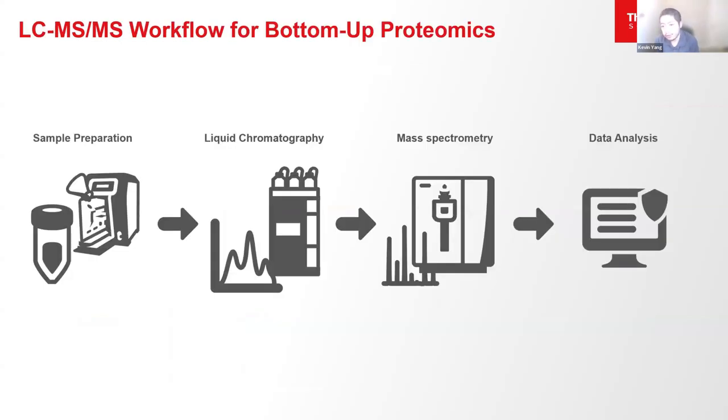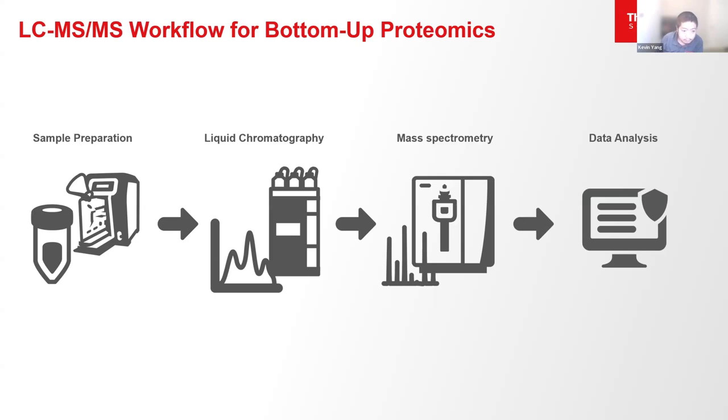So I just want to walk you through the entire LC-MS workflow for bottom-up proteomics. Many of you are probably very familiar with this, but I want to make sure we are all on the same page. For bottom-up proteomics, we prepare the samples. Mainly, we digest the proteins into peptides using a protease, such as trypsin.